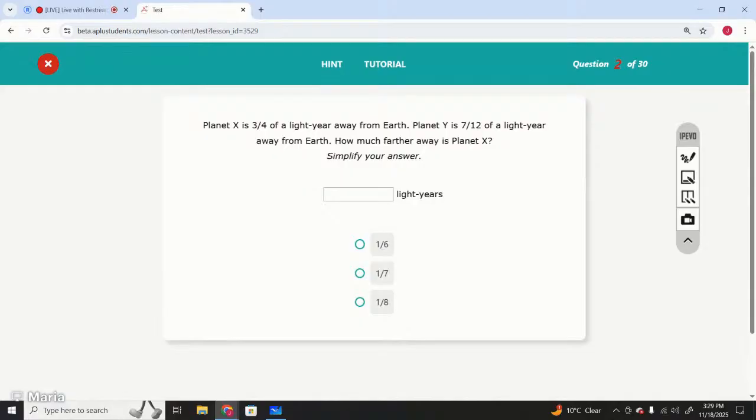Planet X is 3/4 of a light year away from the Earth. Planet Y is 7 by 12 of a light year away from Earth. How much farther away is planet X?